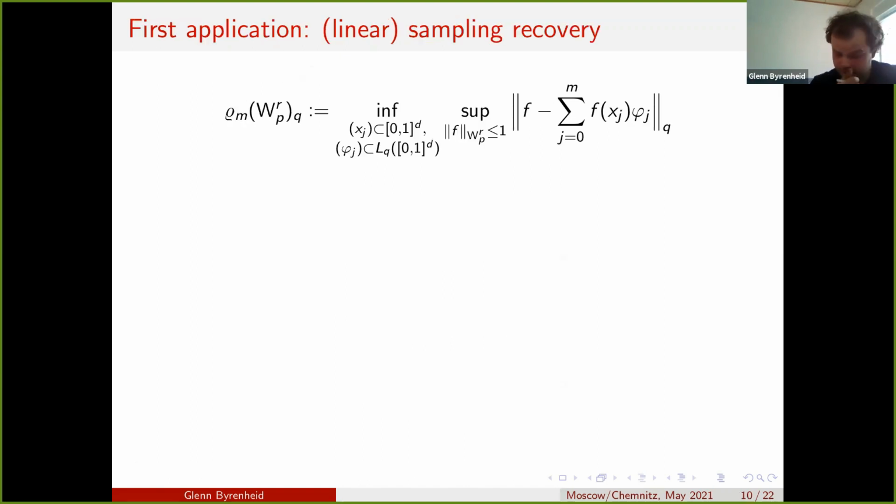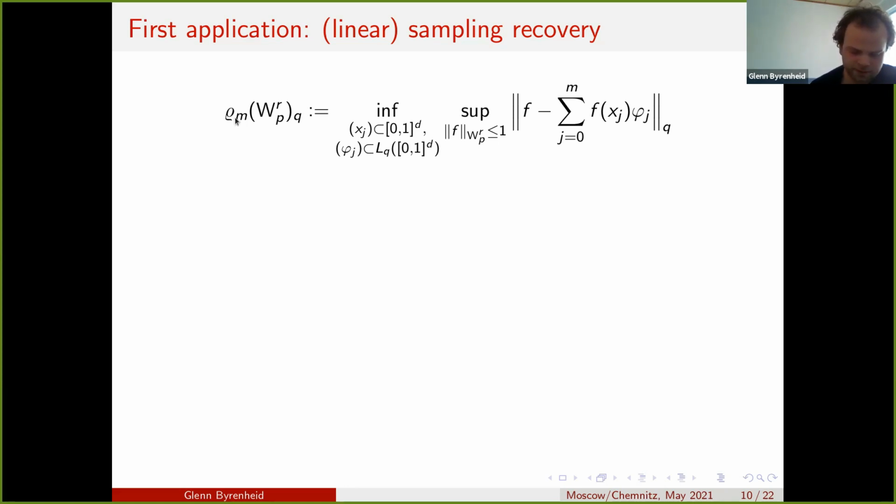So now we want to apply these Faber-Schauder characterizations to the problem of sampling recovery. We have seen this definition several times before, for example, in the talk of Volodya Temlyakov.